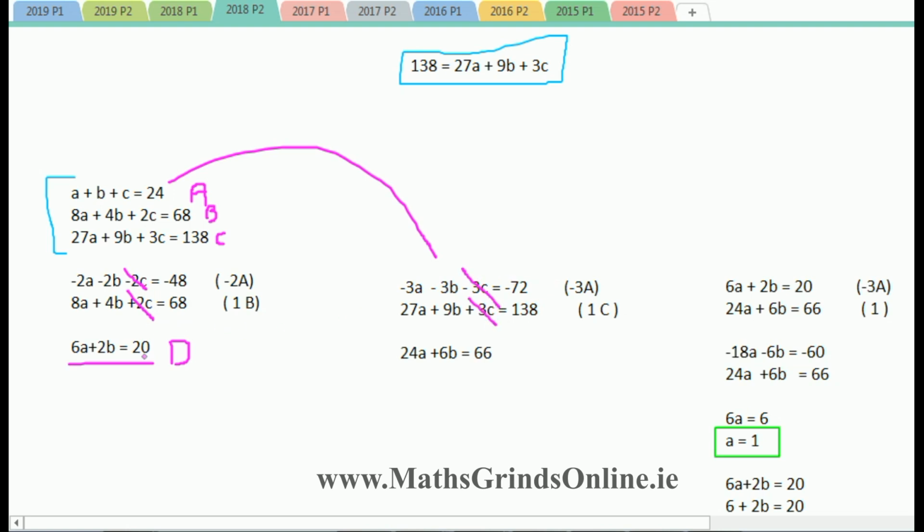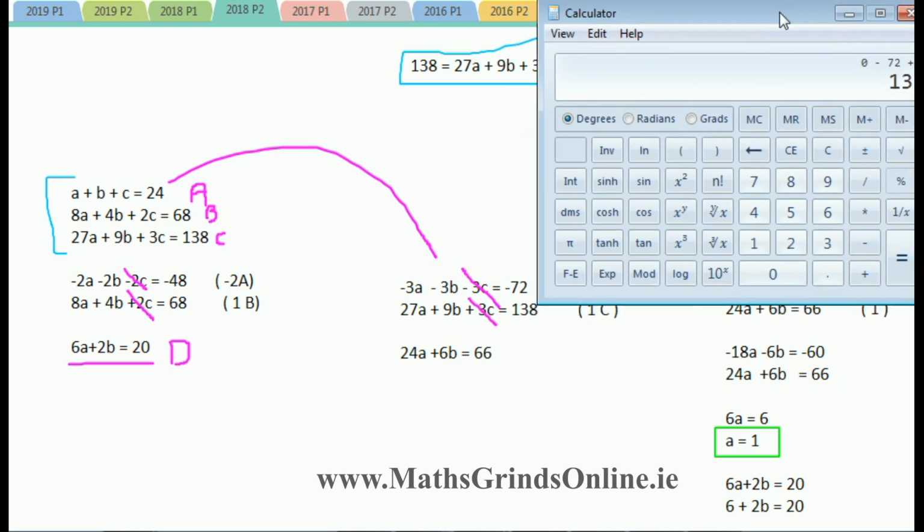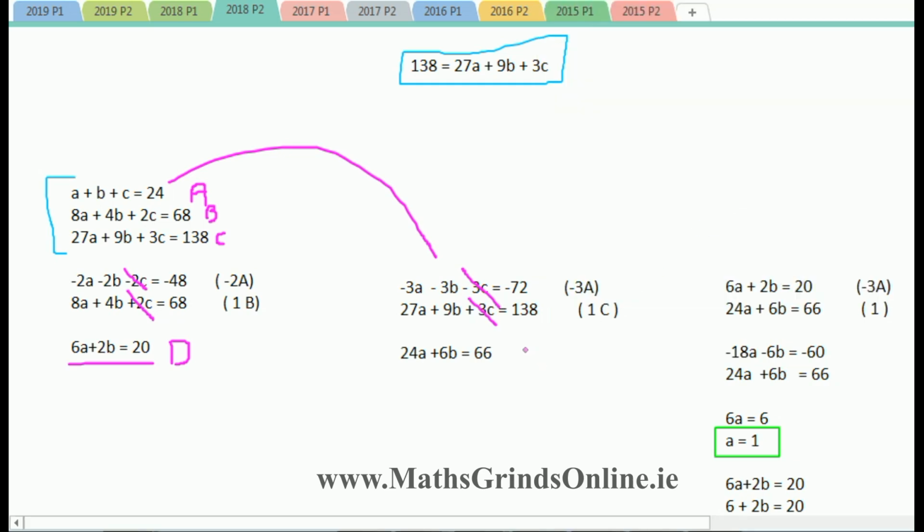Remember, whatever cancelled over here were the c's, we have to get the c's to cancel here again. So the c's are gone now. -3 plus 27, that's 24a, plus 6b. Now we've got -72 plus, I think it's 138, and that gives us 66. So that is equation E, as it were, there.